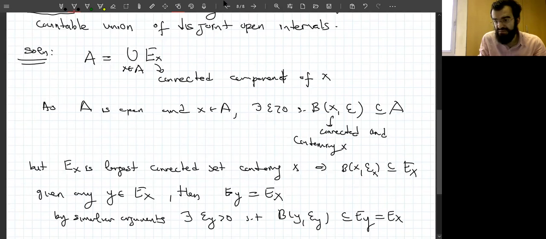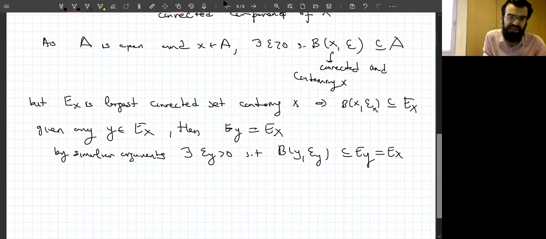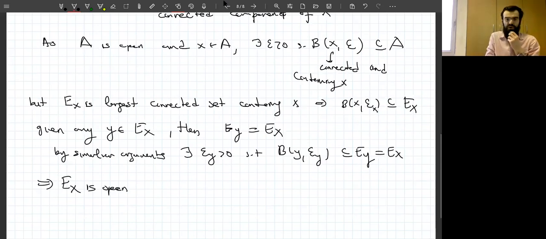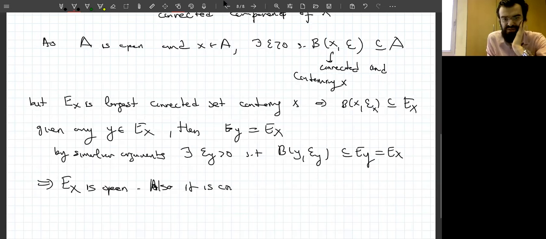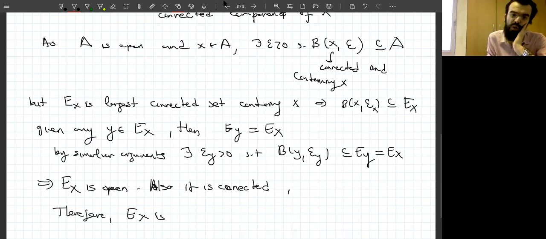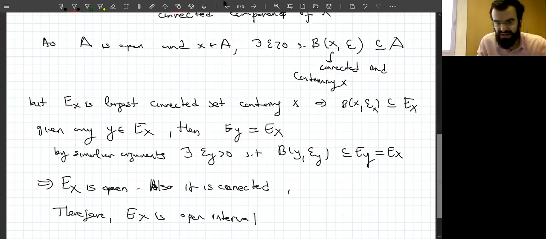From here, we conclude what? This implies E_x is open. Also it is connected, therefore E_x is an open interval. Connectedness implies E_x in R is an open interval in real numbers.